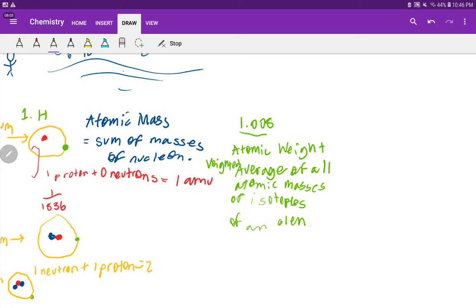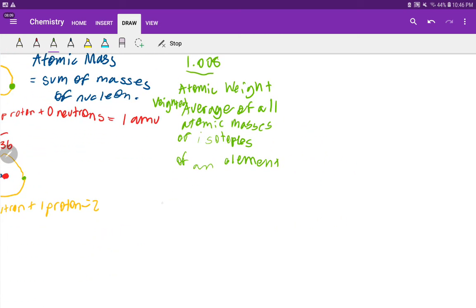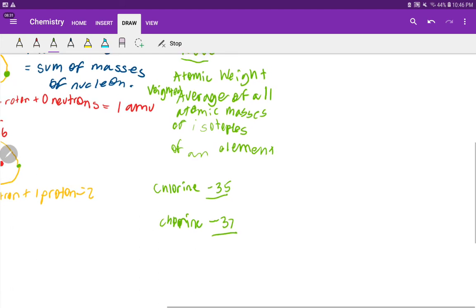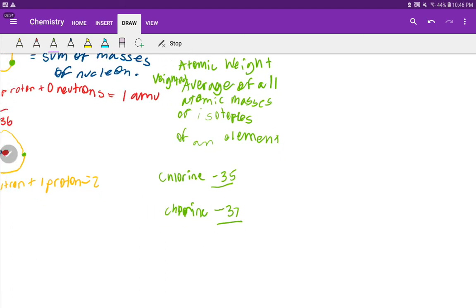So, to make things clear, let's do the example of chlorine. So, chlorine has two isotopes, chlorine-35 and chlorine-37. So, these two dash numbers here represent the total number of nucleons in an atom, protons plus neutrons. So, first, the problem we're going to solve is how many neutrons are in each of these isotopes. So first, consulting the periodic table, we know that chlorine has 17 protons.